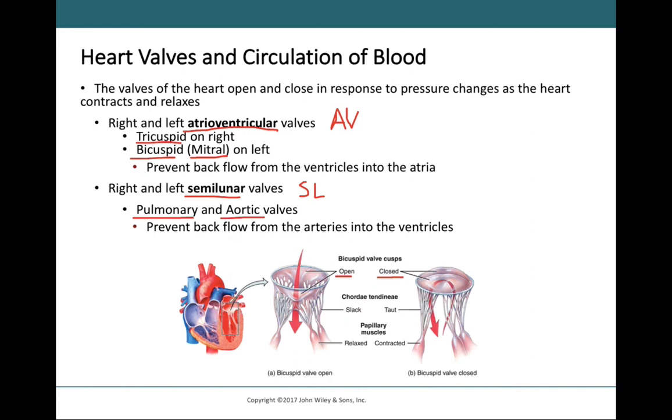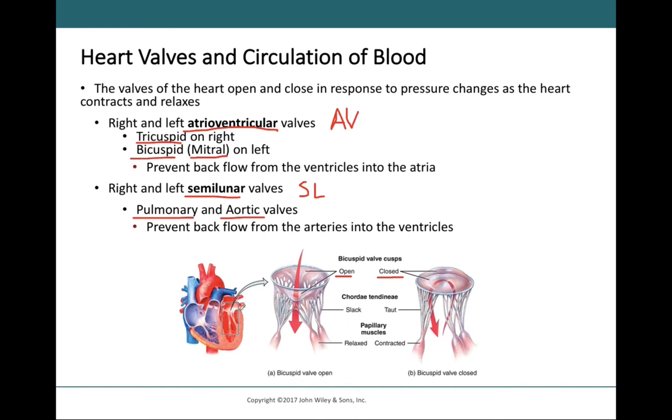It was the increase in pressure of the atria that opened up this valve. But eventually, that blood that's now entered into our ventricle is going to get pumped into the aorta, and new blood is going to be coming in to the left atrium. So when blood is passing from the left atrium to the left ventricle, the bicuspid valve must be open.